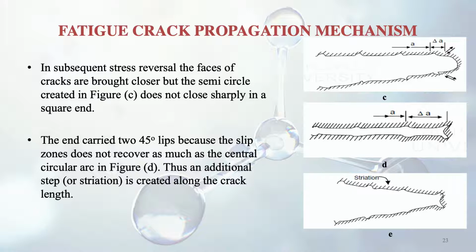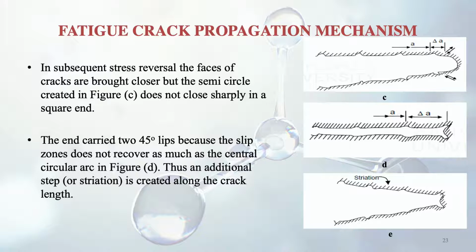So on the right-hand side you can see the central circular arc. Accordingly, this tip side has not recovered. In figure D also you can see that this tip has not completely recovered. Thus an additional step is created along the crack length.